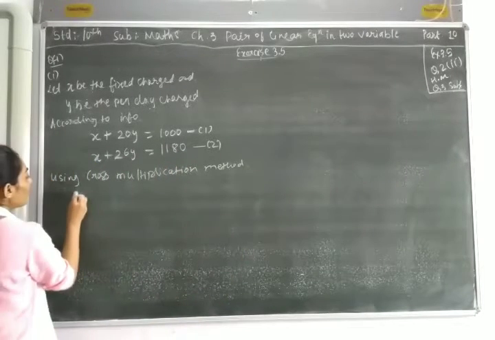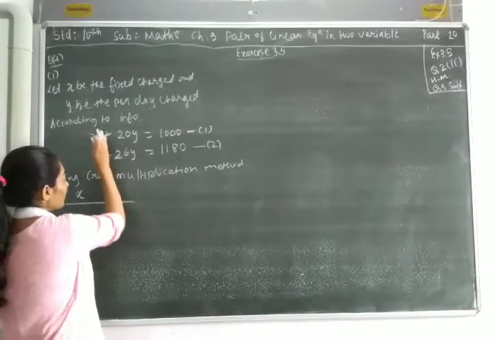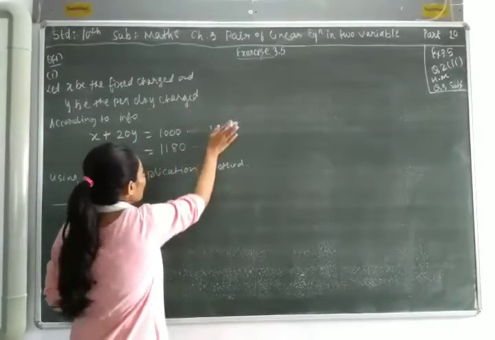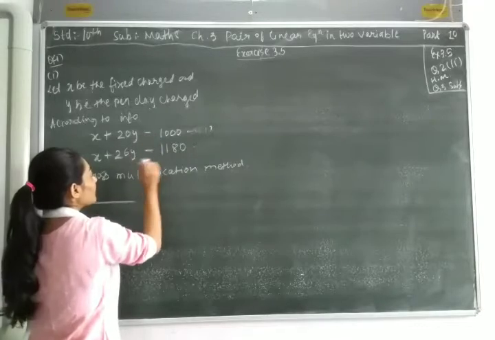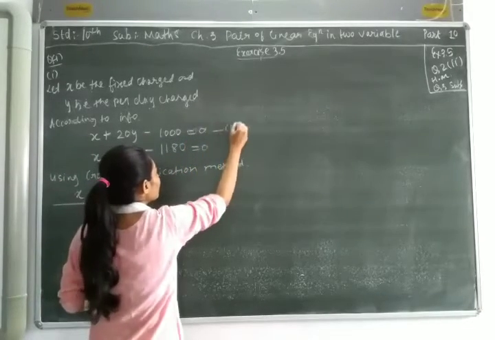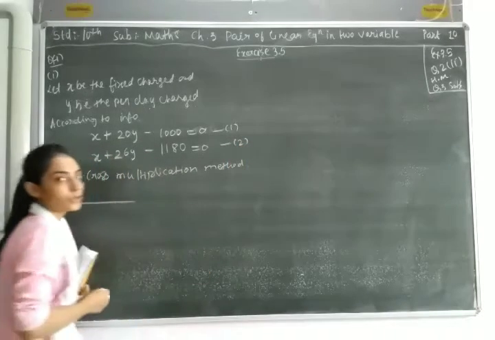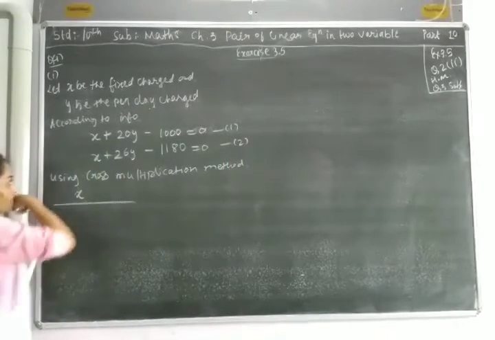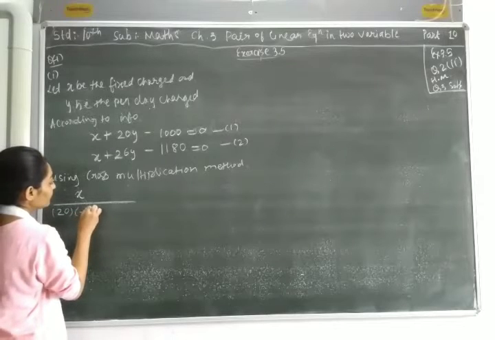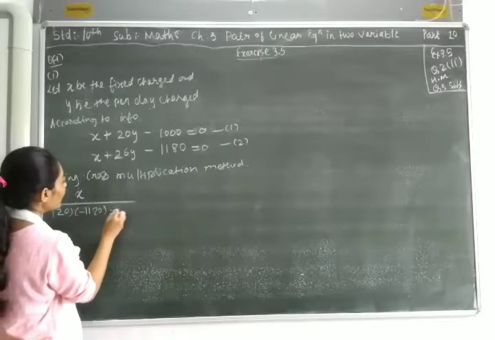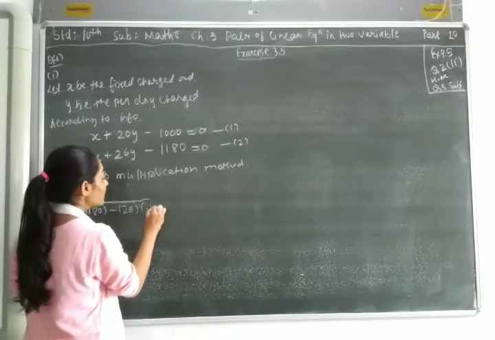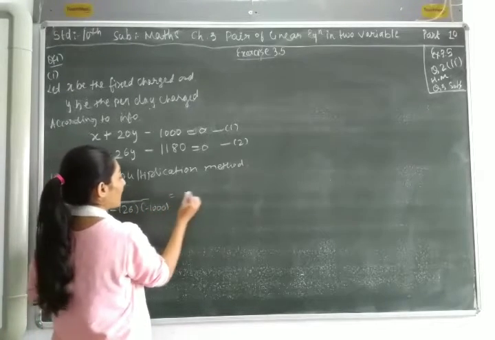Okay. Let me write my equation this way, so it will be easy. So this one is equation 1 and equation 2. Now 20 minus 1180, and 26 minus 1000.